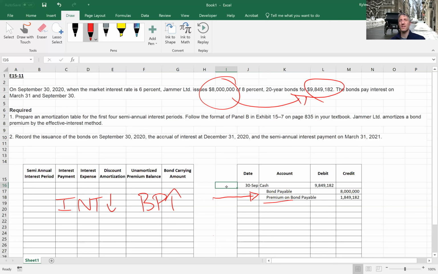And this is kind of like a companion account to the bond. It increases the carrying amount of the bond. Why? Well, these two together are reflective of the current market value of those bonds. So the corporation recognizes the liability essentially for the current market value of what those bonds are.